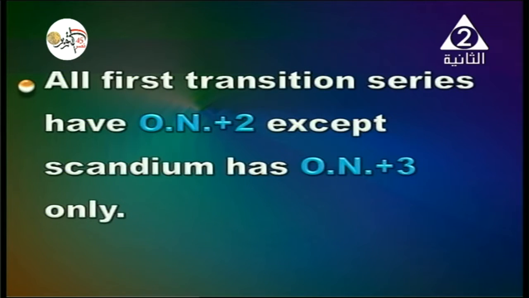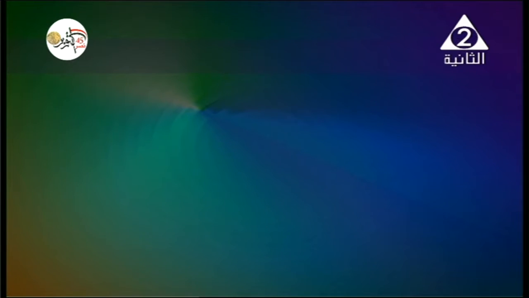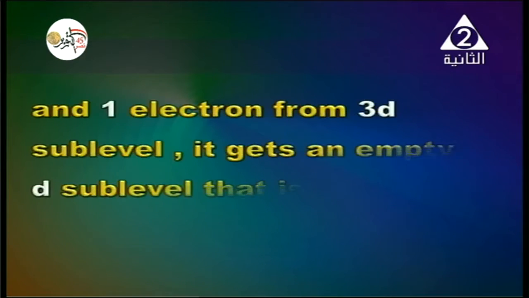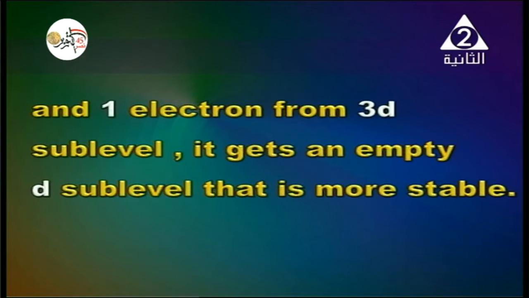All the first transition series have oxidation number positive 2, except scandium, which has oxidation number positive 3 only. The reason for that, scandium has electronic configuration argon 18 4s2 3d1, loses 2 electrons from the 4s sublevel and 1 electron from the 3d sublevel. So it gets an empty d sublevel that is more stable.